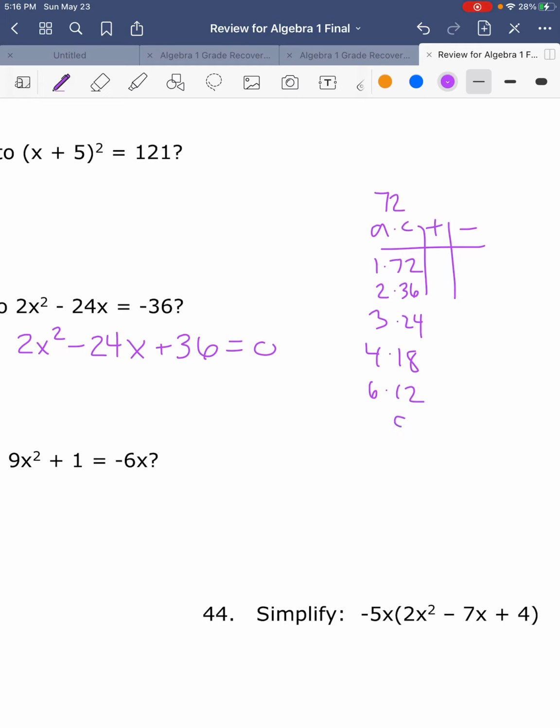So there's a lot there. So we add these, we get 73, 38, 27, 22, 18, 17. Subtract to get 71, 34, 21, 14, 6, and 1. And notice we were looking for 24.